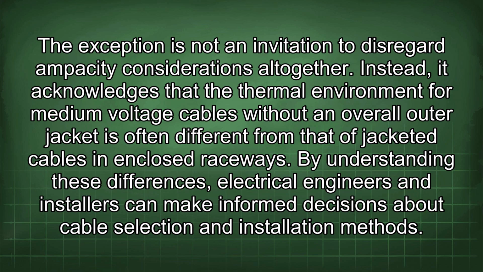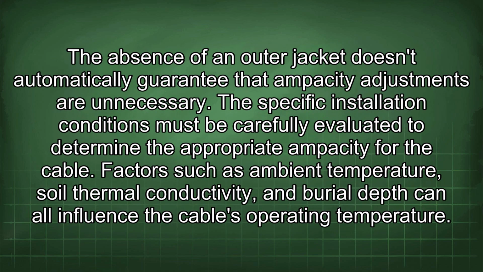By understanding these differences, electrical engineers and installers can make informed decisions about cable selection and installation methods. The absence of an outer jacket doesn't automatically guarantee that ampacity adjustments are unnecessary. The specific installation conditions must be carefully evaluated to determine the appropriate ampacity for the cable.